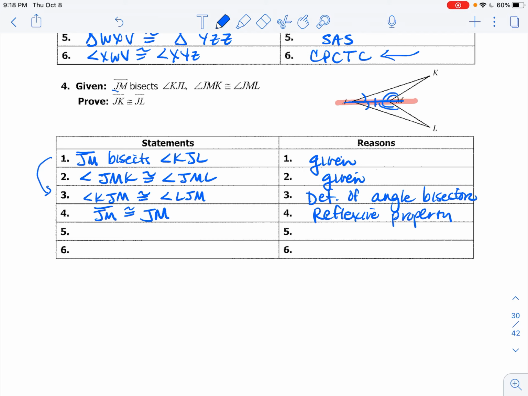And so triangle KJM is congruent to triangle LJM by angle, side, angle. And if that's the case, we can say all the parts, including JK, are congruent to all the parts of the other triangle, including JL, by corresponding parts of congruent triangles being congruent.